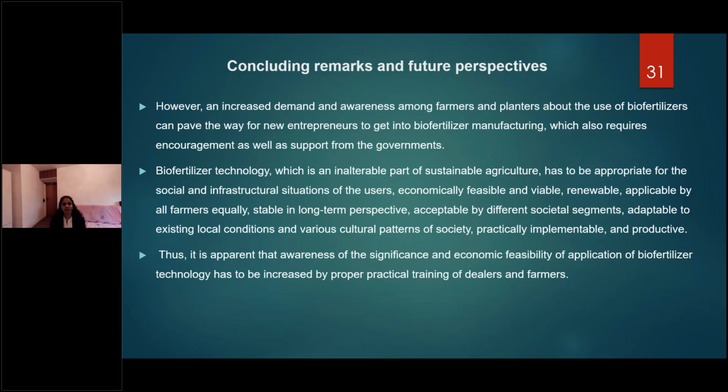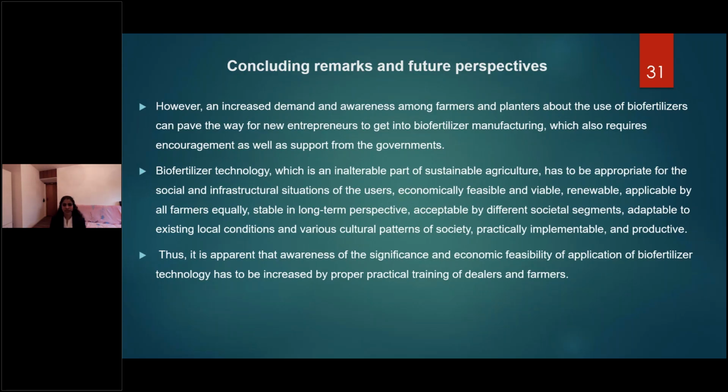However, an increased demand and awareness among farmers and planters about the use of biofertilizers can pave the way for new entrepreneurs to get into biofertilizer manufacturing, which also requires encouragement as well as support from the governments.